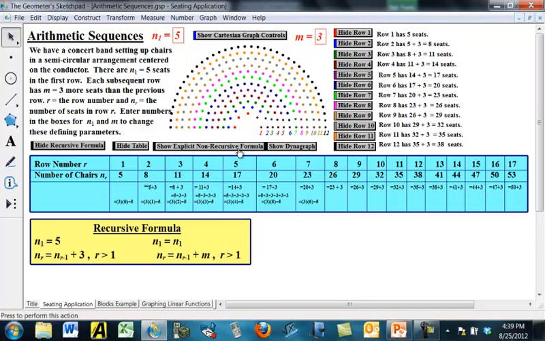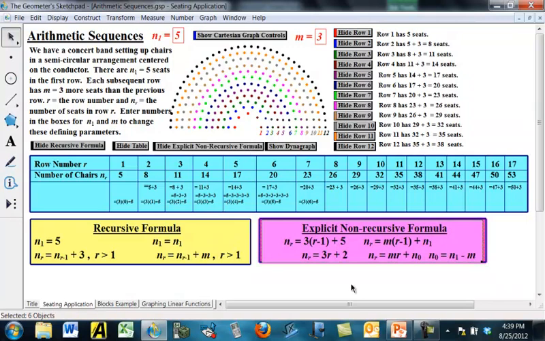So our formula says, take 3 times r minus 1 and add that to 5. So in general, n sub r is m times r minus 1 plus n sub 1. Now I can also use the distributive property, make this 3r minus 3. Negative 3 plus 5 is 2, so I could write it as 3r plus 2.